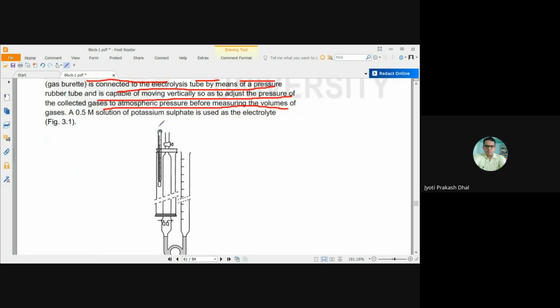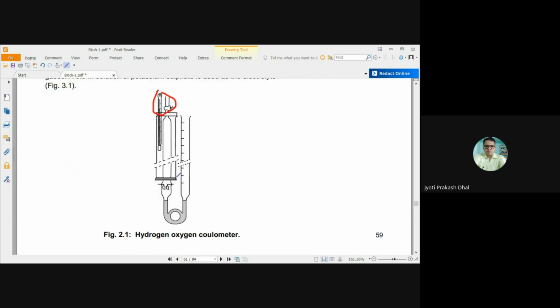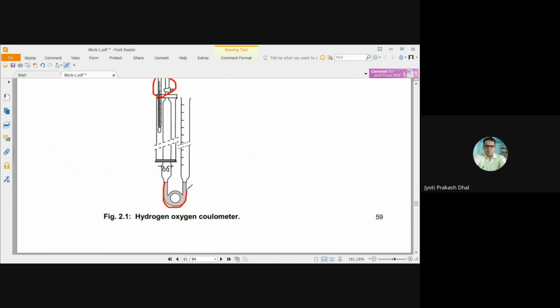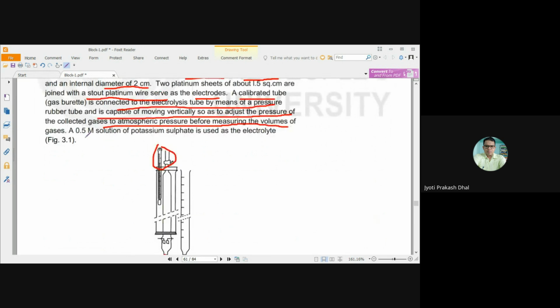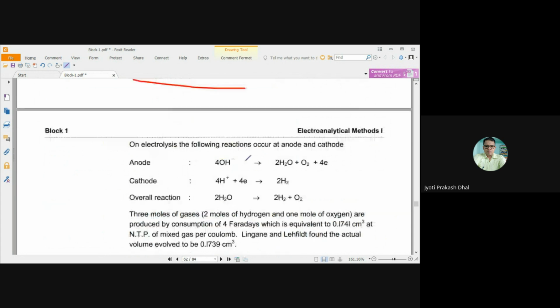So this is the gas burette, and the two tubes are connected through the copper wire. A 0.5 M solution of potassium sulfate is used as the electrolyte. So this is the hydrogen oxygen coulometer.